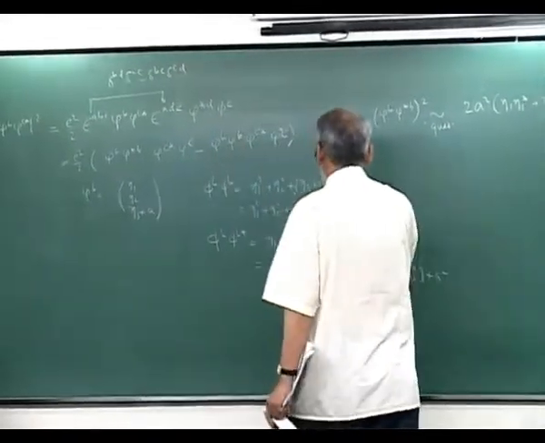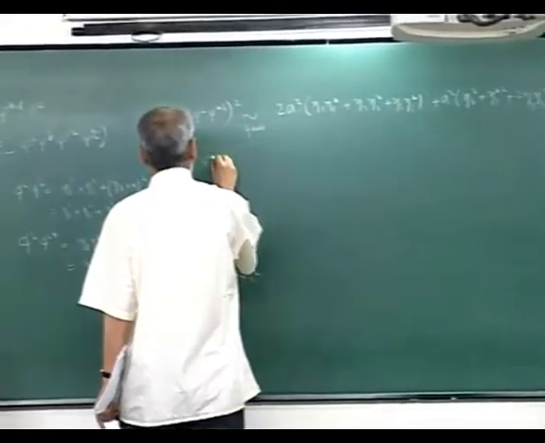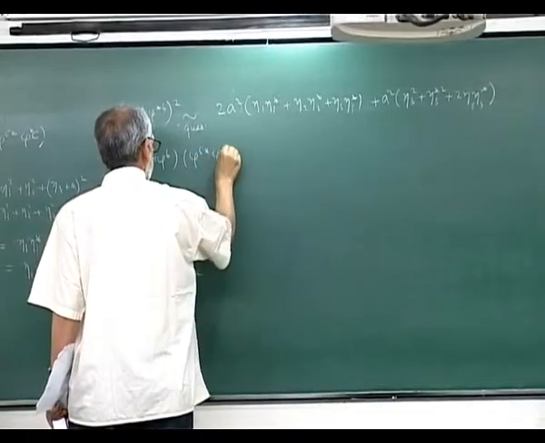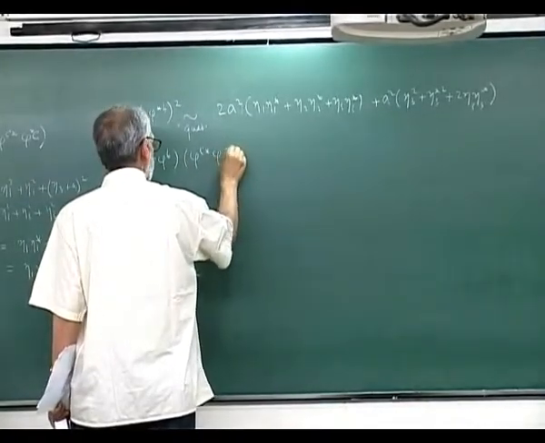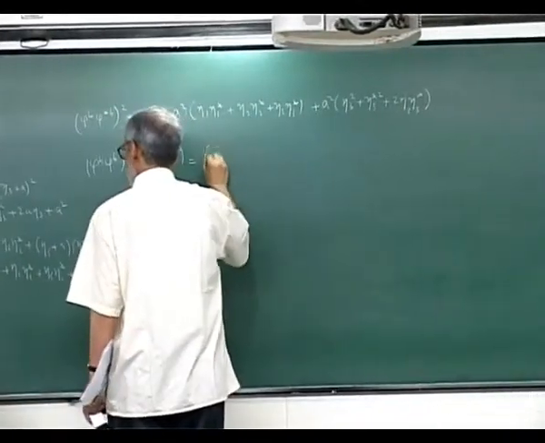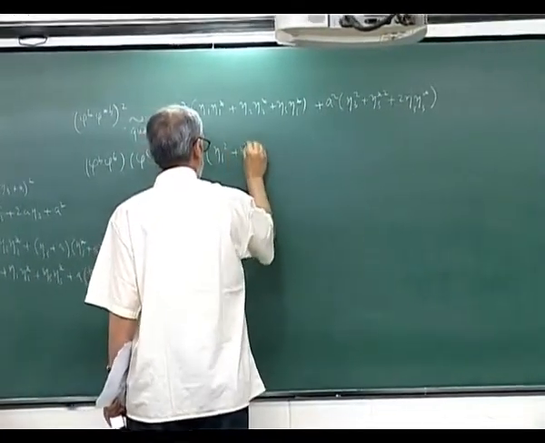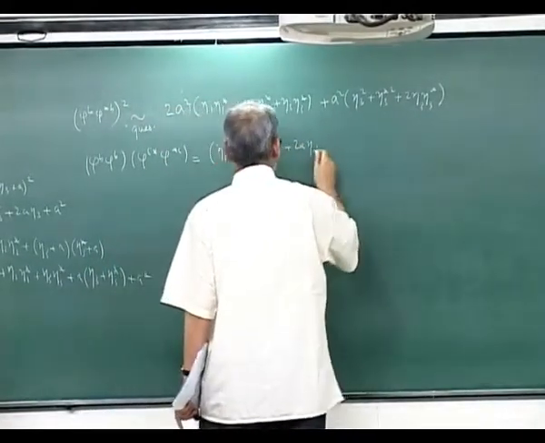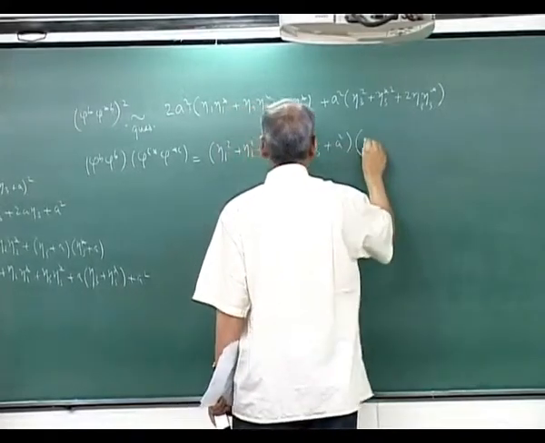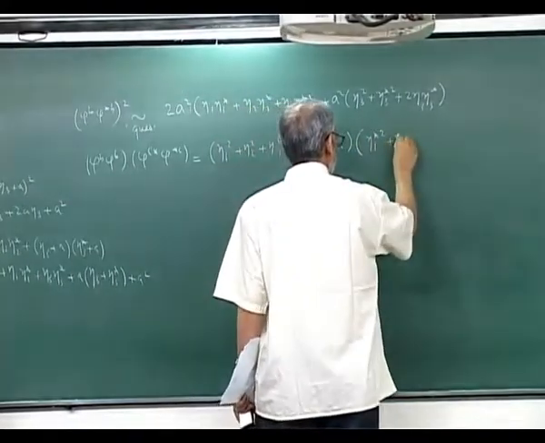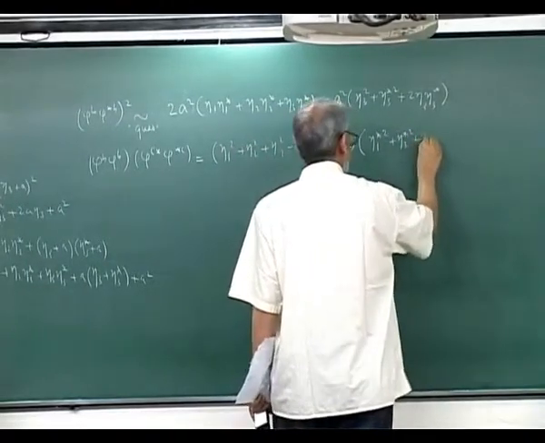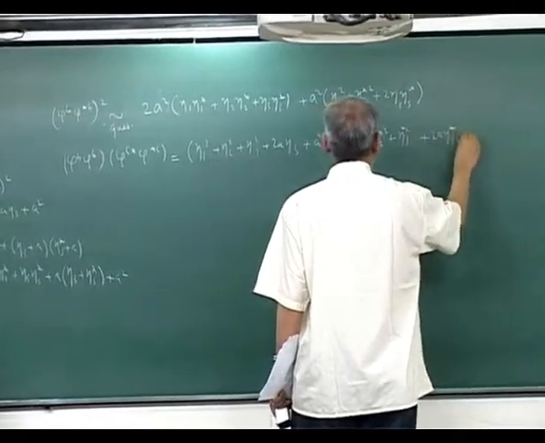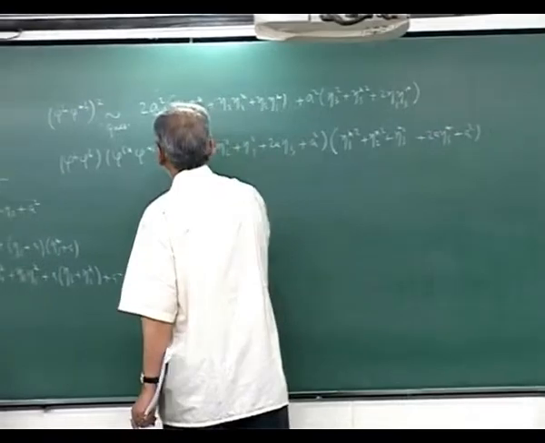The second term is this mod square of this object. And keep the quadratic terms.